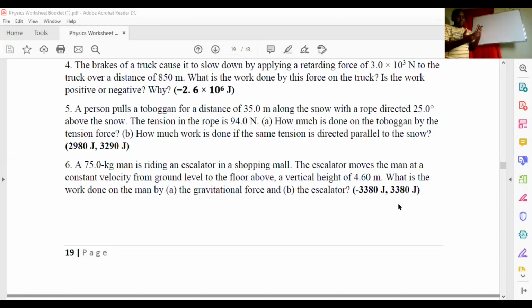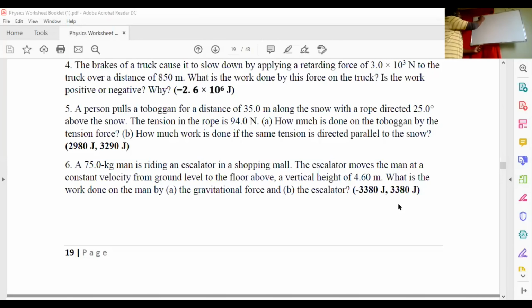So the work done by the gravitational force is a retarding force because it's going opposite to the direction in which your object is going. In that case, the force we'll use will be a negative value. The negative shows that it's a retarding force going opposite to the direction in which the object is tending to go.